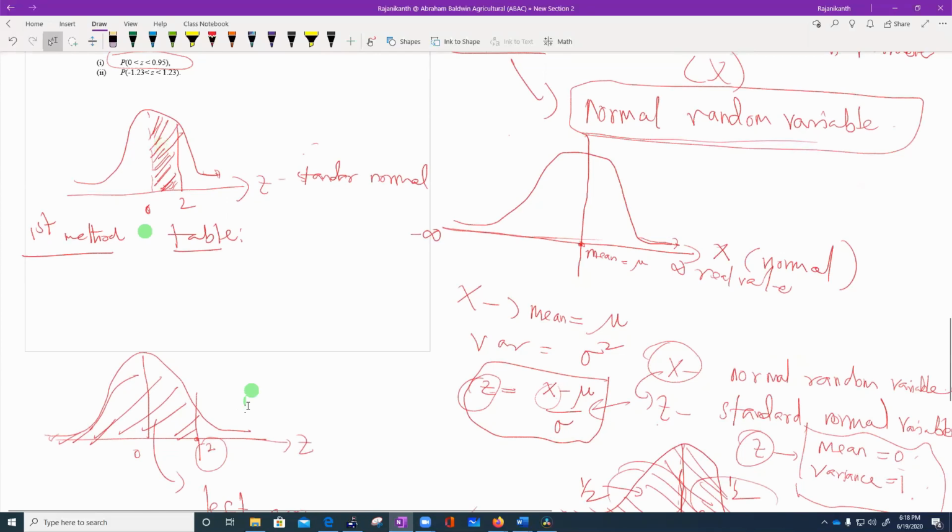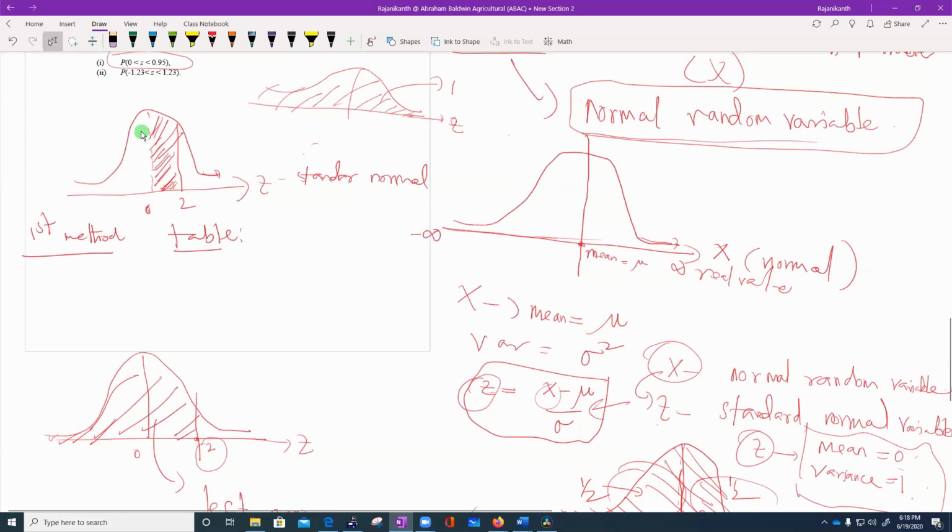Okay, now I'm asking you, what is this uncolored area? This side, how much? Uncolored area, anything left side to the 0. Just now I told you, 0.5, very good. I told you just now, the total area is always 1, right?